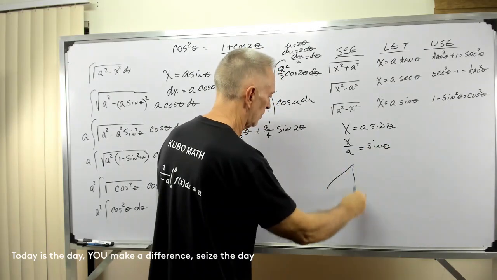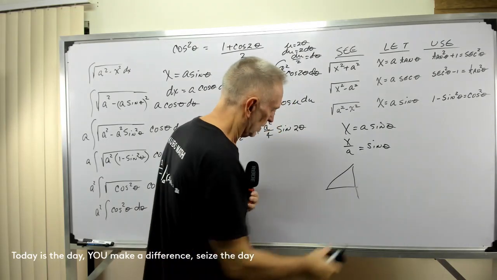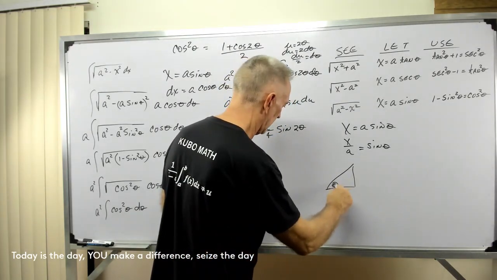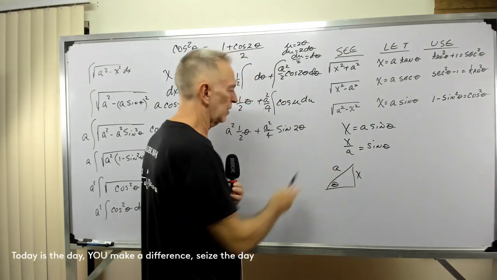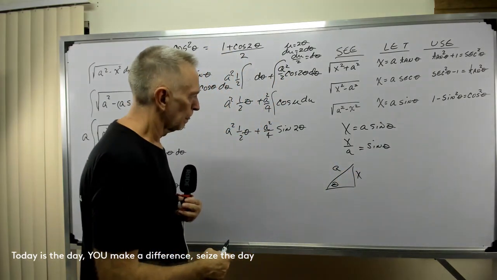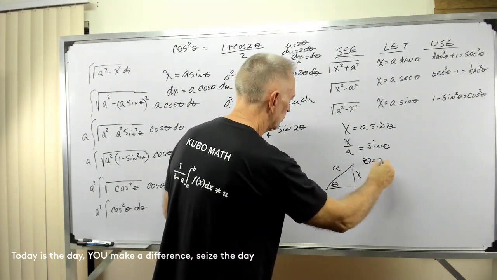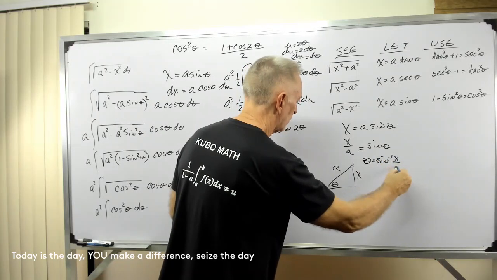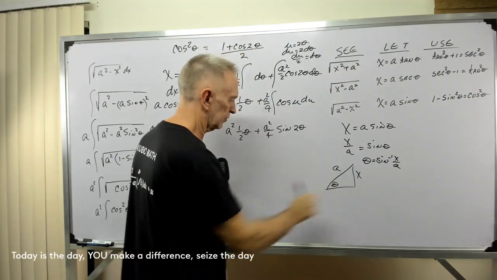If I draw this triangle, theta is x over a, opposite over hypotenuse. That means theta equals sine inverse x over a. Let's leave it at that.